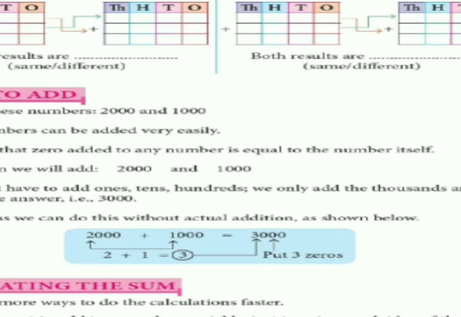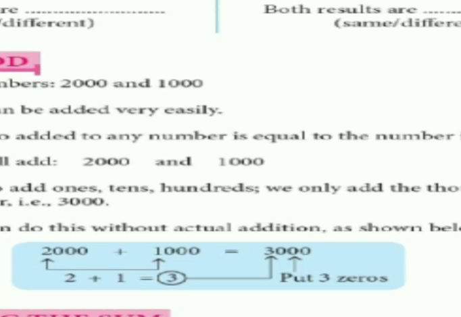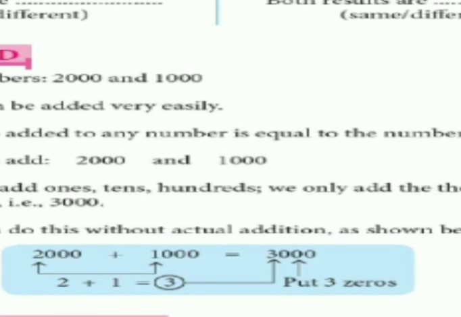We only add the thousands and we'll get the answer 3000. As you can see in the figure, they are just putting 0 in the same places, and they are just adding 2 and 1. So they just want to tell you that if the 0s are the same, you will just add the given numbers over there.